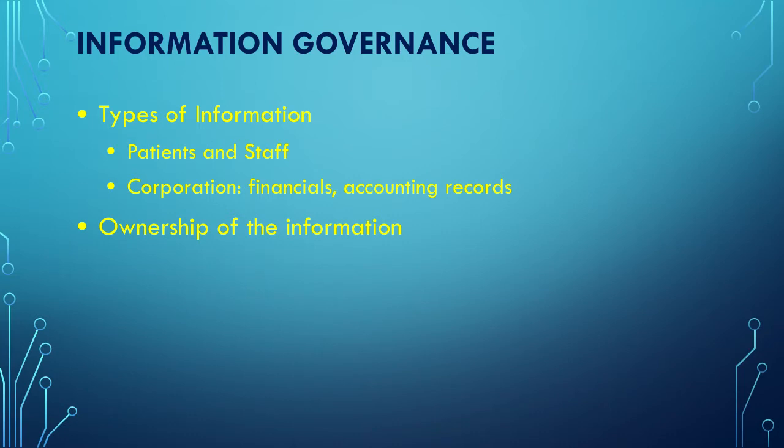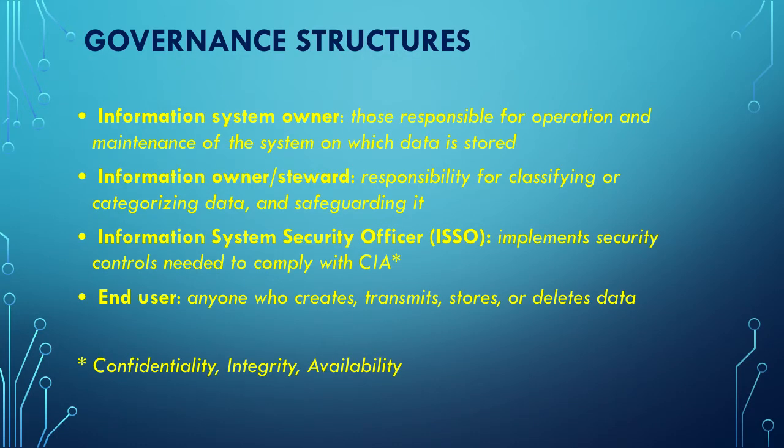But when we're talking about the technical structures of these records, it becomes even more complex. There is an information system owner, an information system steward, an information system security officer, and an end user.